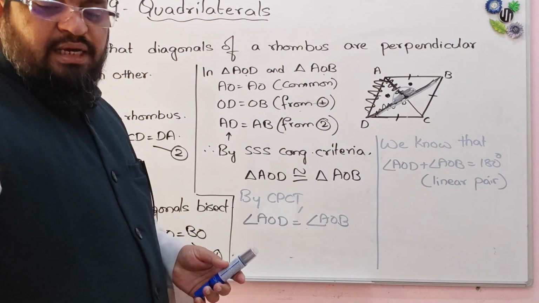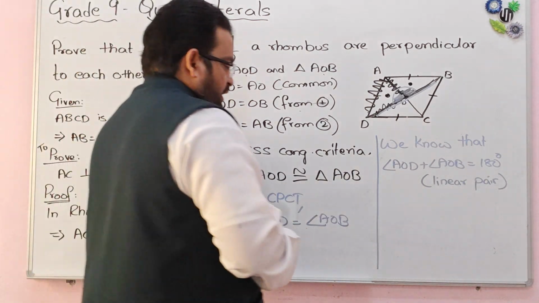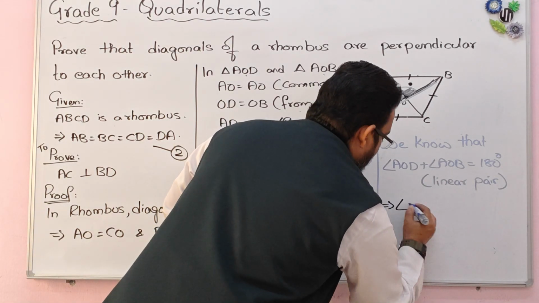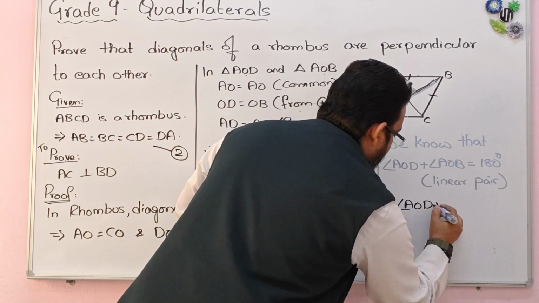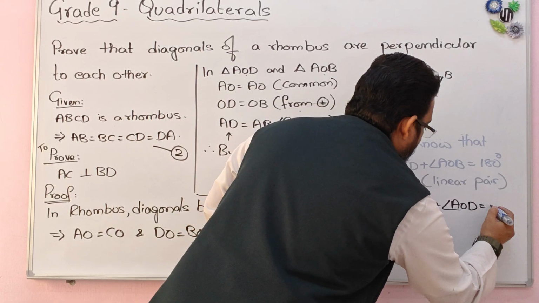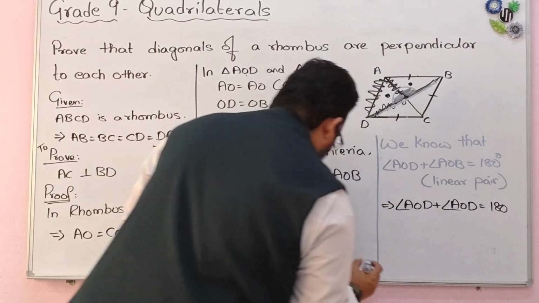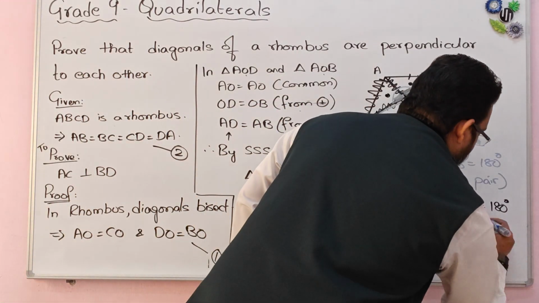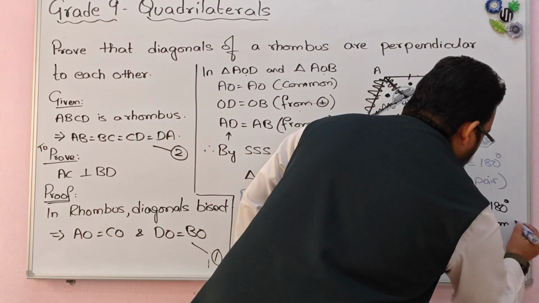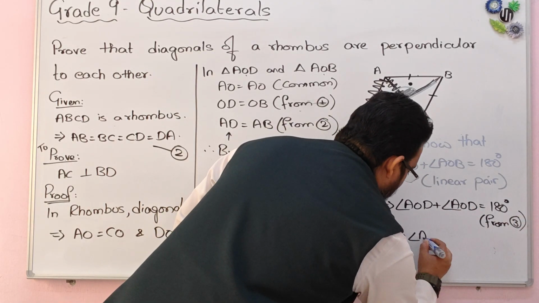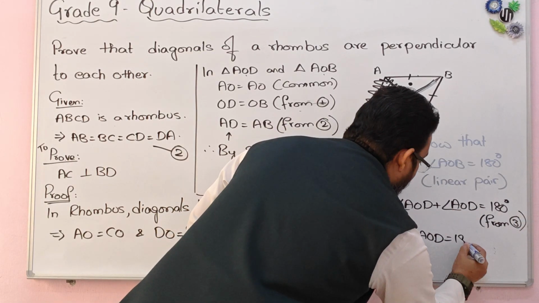Now once they are a linear pair, can we equate them? That implies in place of angle AOB, I can write angle AOD, since they are equal, is equal to 180 degrees. From the third equation, 2 angle AOD is equal to 180.